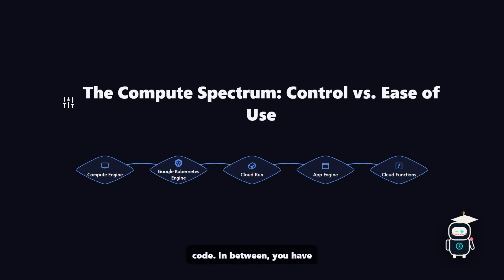In between, you have Google Kubernetes Engine, GKE, which is Google's fully managed Kubernetes service. Kubernetes is the open-source platform that orchestrates containers. Then you have serverless containers with Cloud Run and the fully managed web platform App Engine. Keep this spectrum in your pocket. You'll reference it on every project.